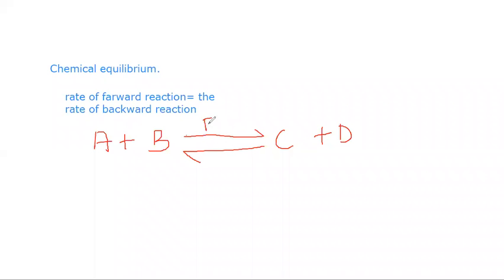This is the forward reaction. From the reactants A plus B, products C and D are forming, and this is the backward reaction. From C and D, A and B are forming. So, in a chemical equilibrium, the rate of forward reaction and the rate of backward reaction become equal.